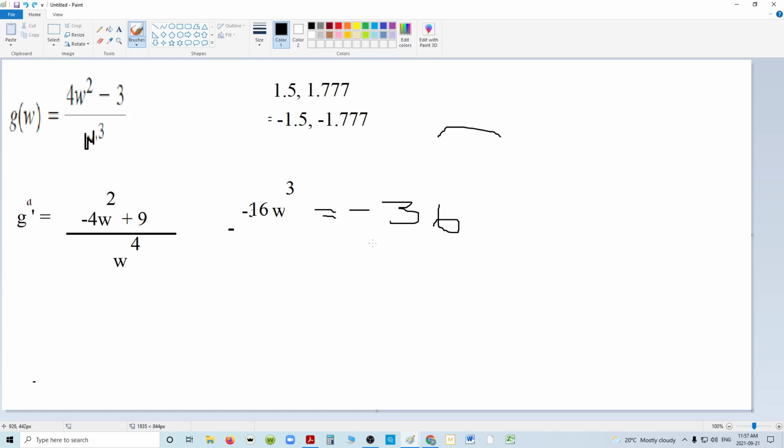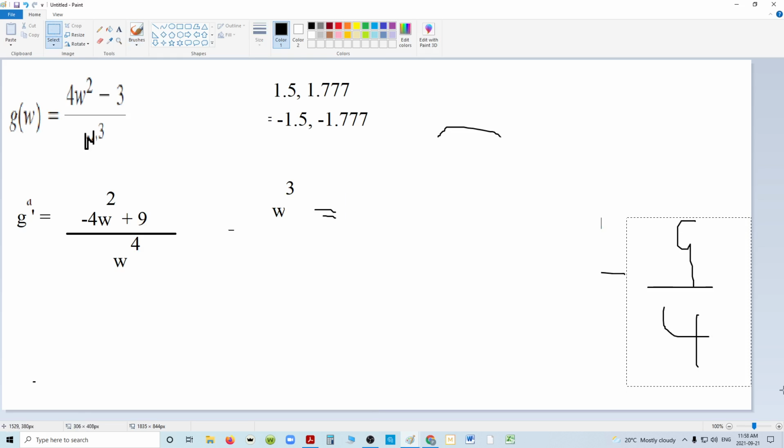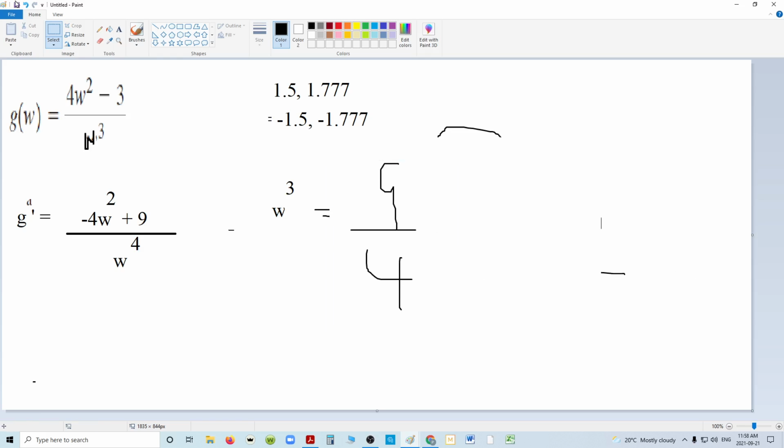When I divide by minus 16, I get positive 36 over 16. When I divide them both by 2, I get 18 over 8, which is 9 over 4, which is as far as I can go. Which means the inflection point will occur at the cube root of 9 over 4.